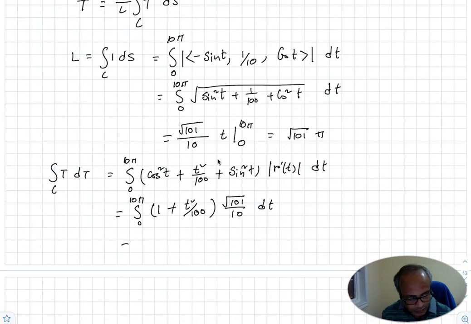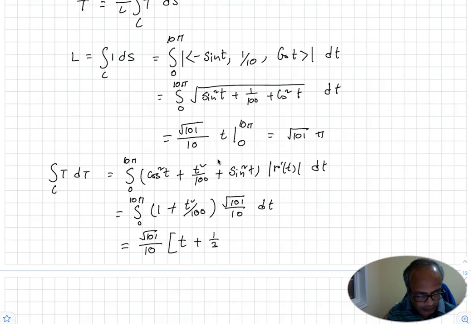Okay, so square root of 101 divided by 10 goes out. This is a very easy integration. T plus 1/3 t cube divided by 100.